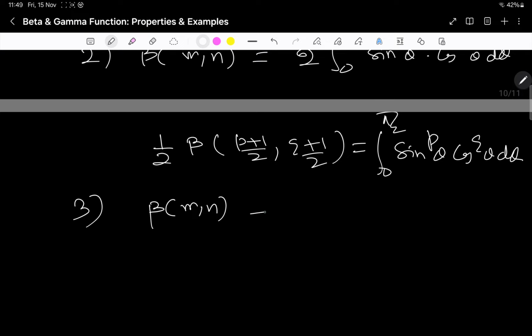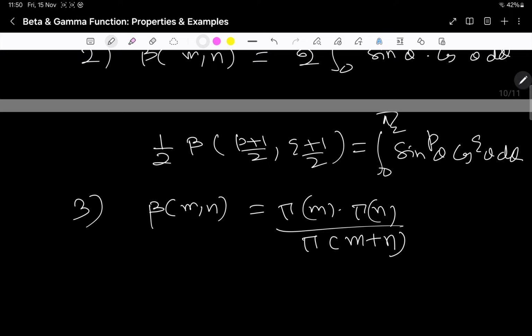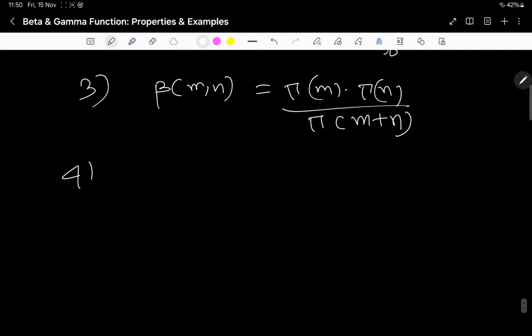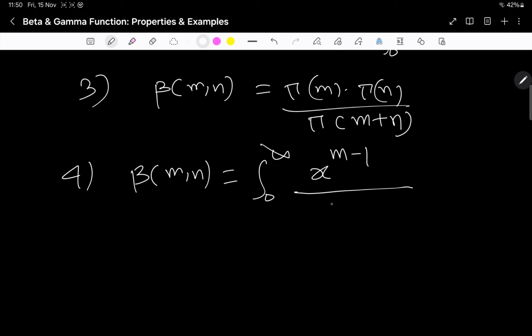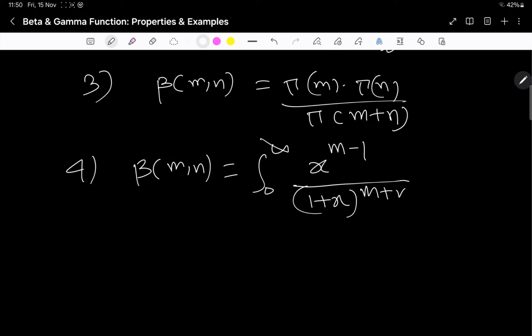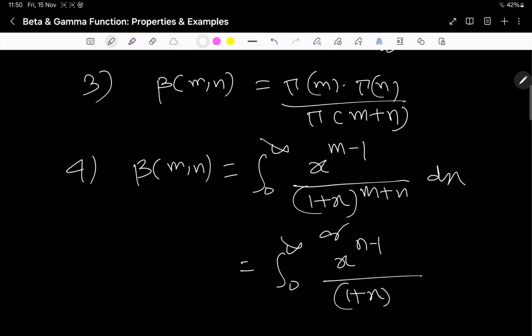Then we know the relation between the beta function and the gamma function: beta mn is gamma m into gamma n divided by gamma m plus n. Then, coming to the fourth property, beta mn is equal to integral 0 to infinity x to the power m minus 1 divided by 1 plus x to the power m plus n, or the same thing as integral 0 to infinity x to the power n minus 1 by 1 plus x to the power m plus n.